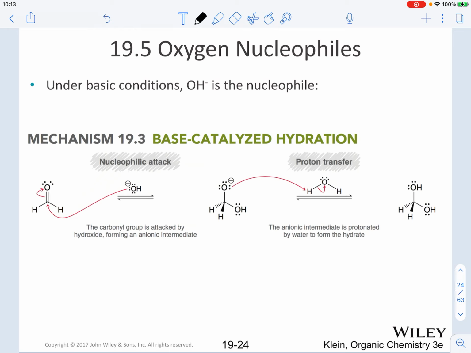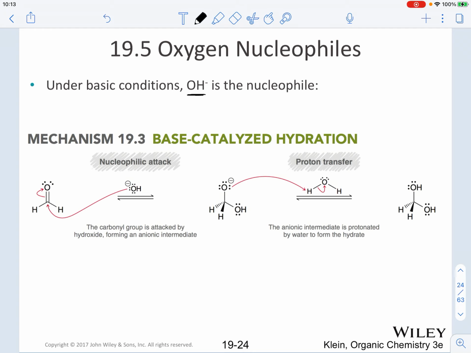Let's start first by covering the oxygen nucleophiles. So understand that in this case, we are going to initiate by talking about OH as a nucleophile.